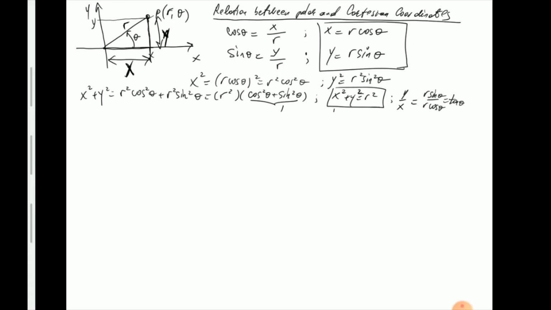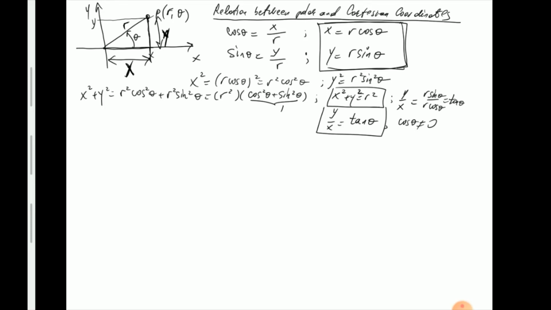So that's another useful relationship, y over x equals tangent of theta, provided, of course, cosine of theta is not equal to 0, which happens for pi over 2, 3 pi over 2, plus minus multiples of pi. So these are useful. So again, these are the relationships between the Cartesian and the polar coordinates, and these are additional relationships between x, y, r, and theta that are very handy in many situations.